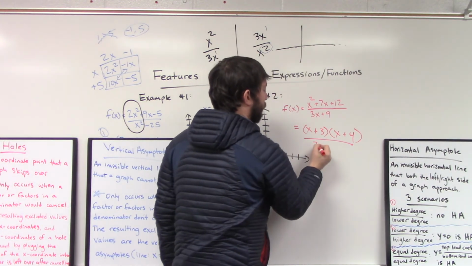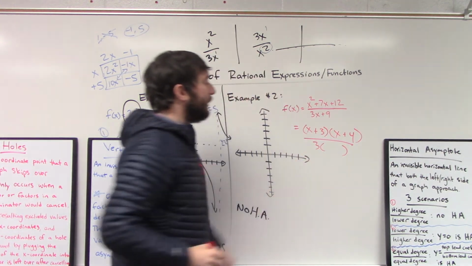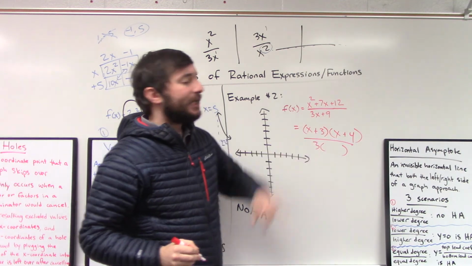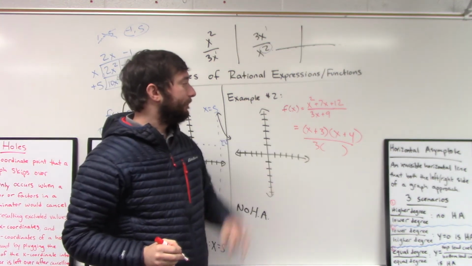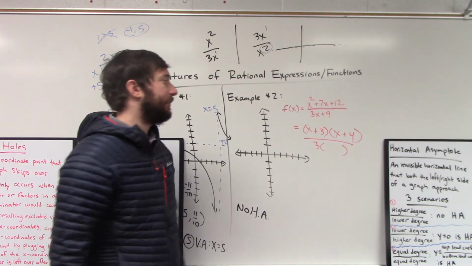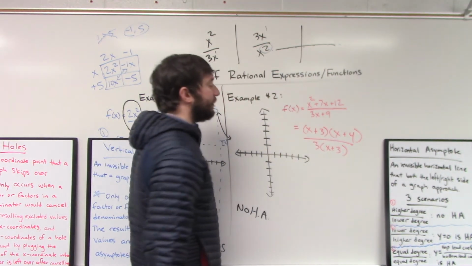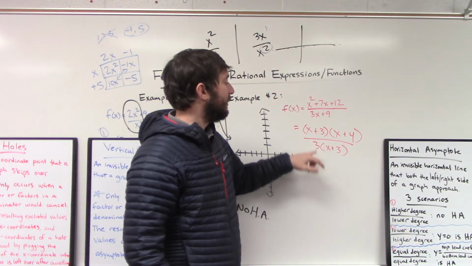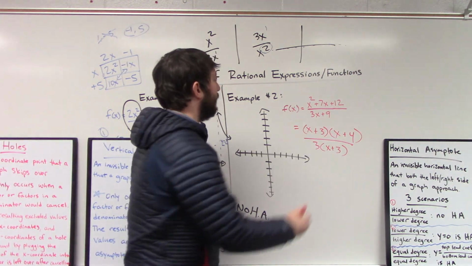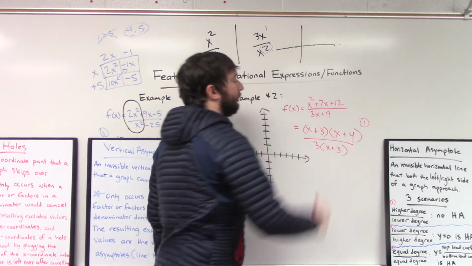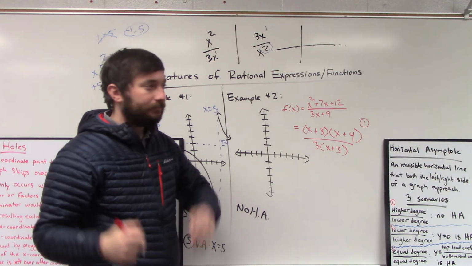For the bottom, we look at a GCF. We can divide both 3x and 9 by a 3. It's our greatest common factor. Divide by 3, what's left over? x plus 3. 3 times x, 3x. 3 times 3 is 9. This is step 1. Okay, factor.